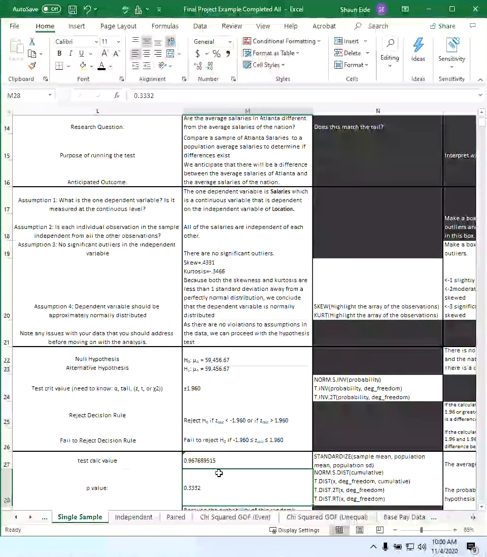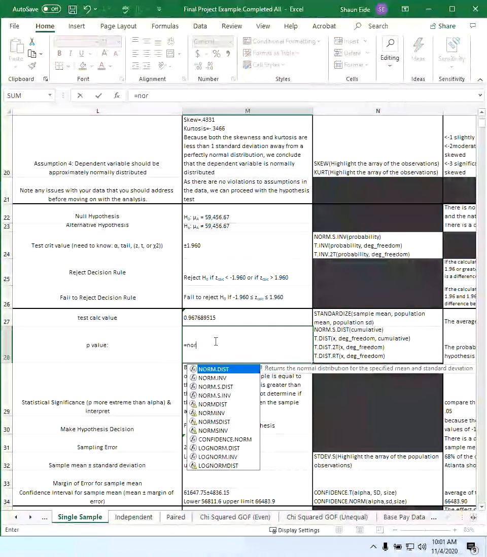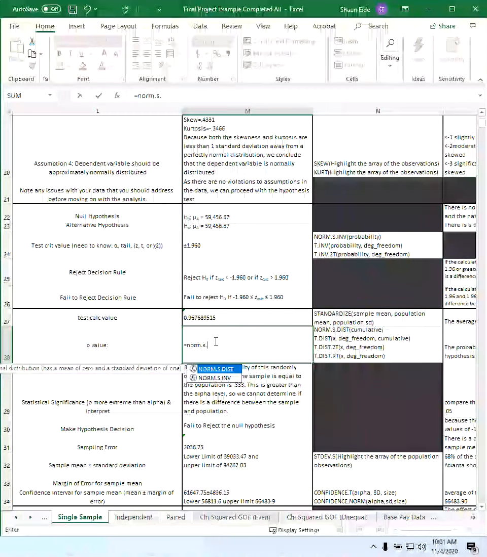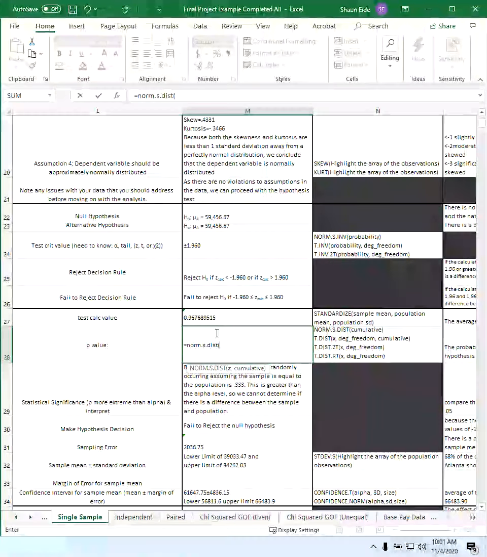The next thing that we need to do is ask, what's the probability of this? What's the probability of us getting this score? Once again, there are a couple different ways to do this, but the best way is to use equals NORM.S.DIST, and then we put the z-score, and then we put cumulative.